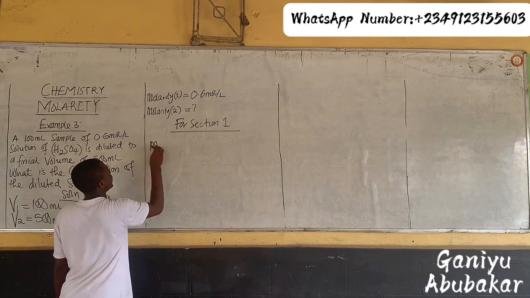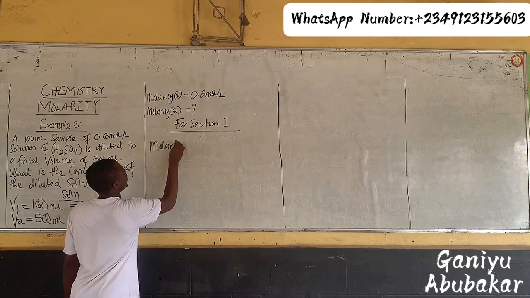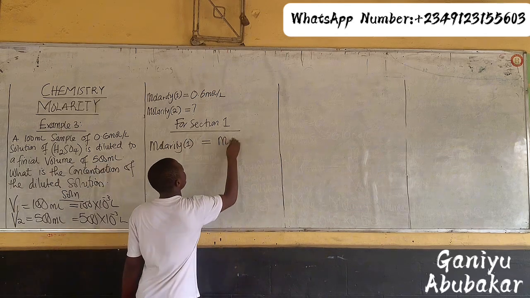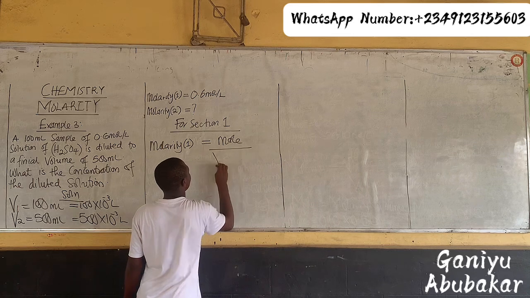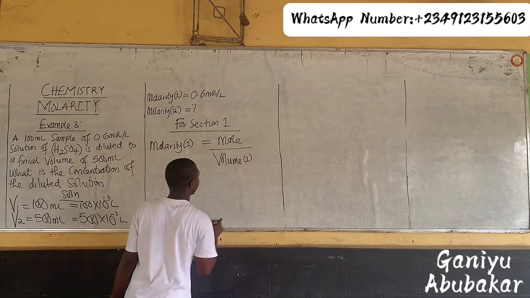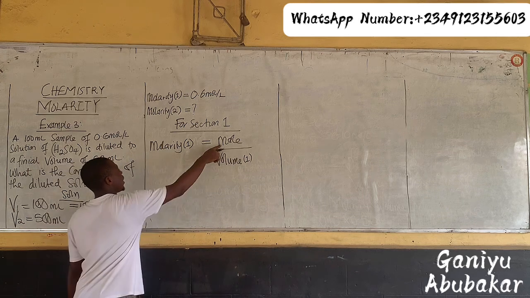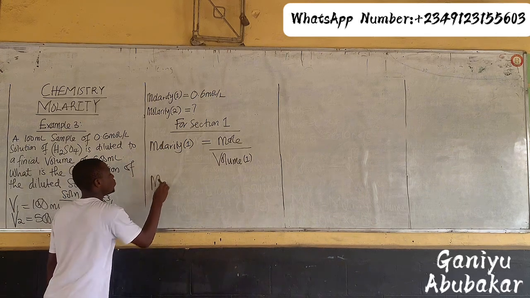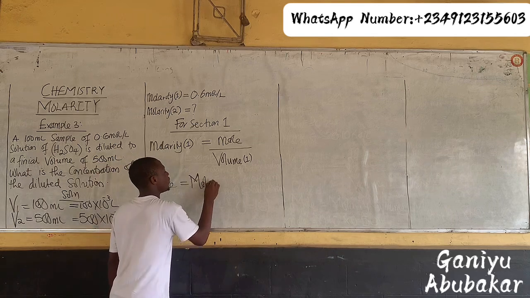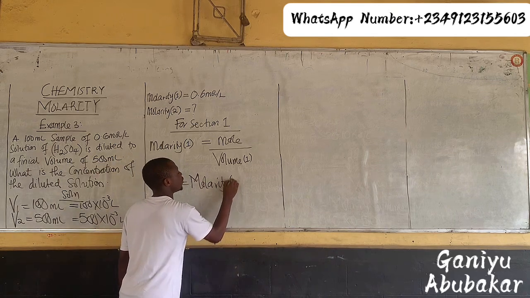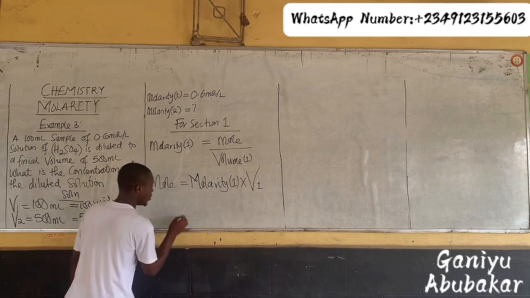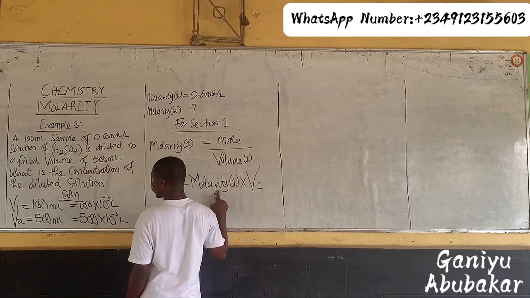We know that molarity at section 1 is equal to mole over volume at section 1. So that's the concept, please. Let's get mole. Mole is equal to the product of molarity at section 1 times volume at section 1.